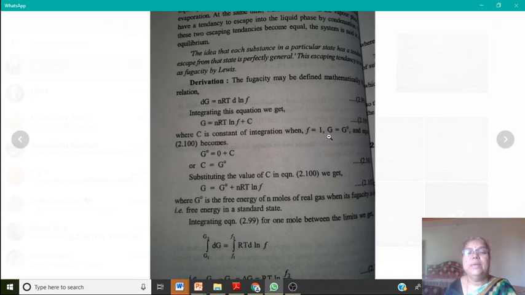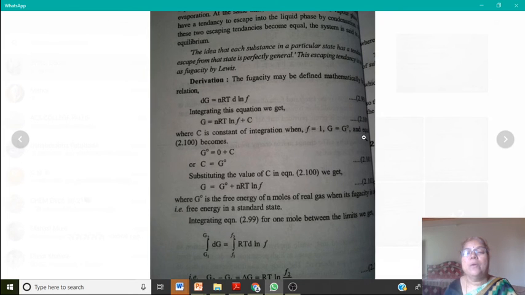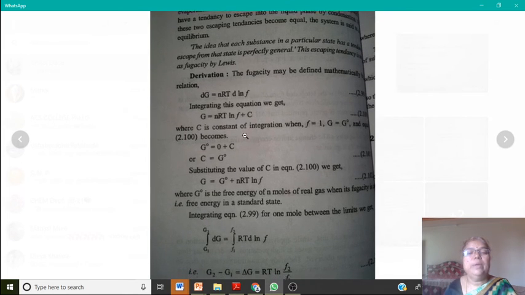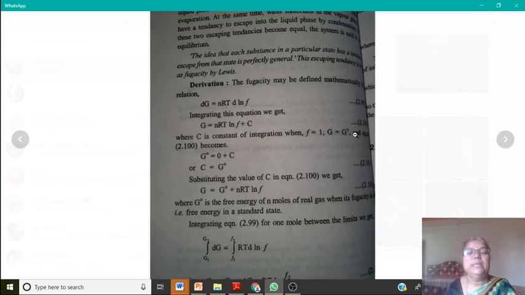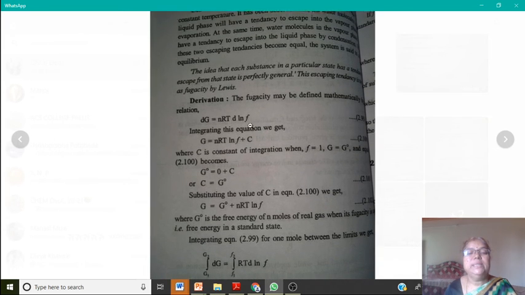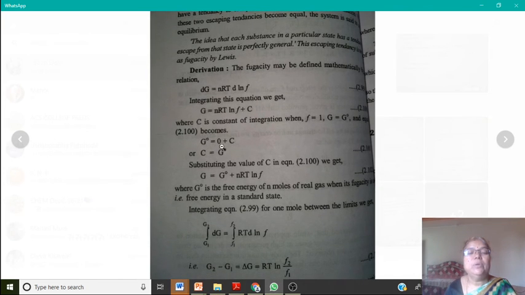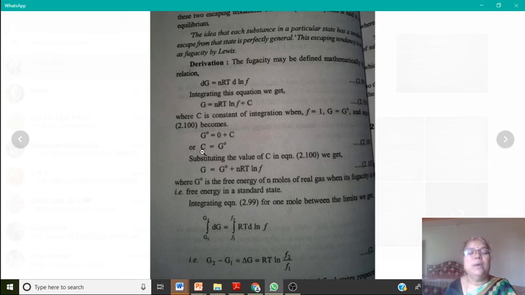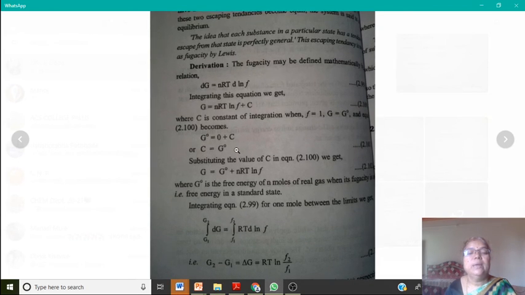When f equals 1, G equals G0, and the equation becomes G0 equals 0 plus c, so the constant of integration c equals G0.